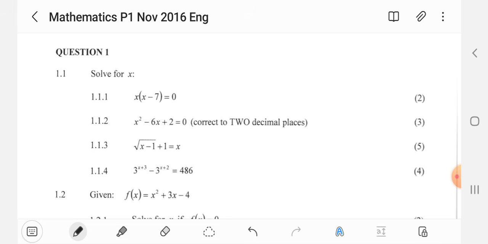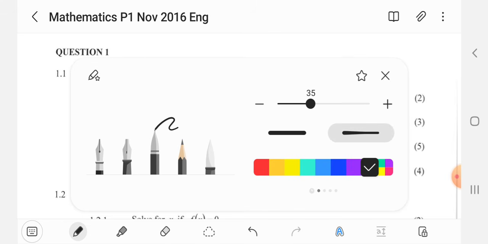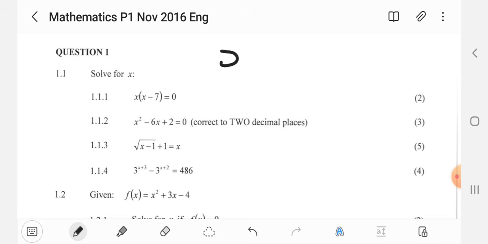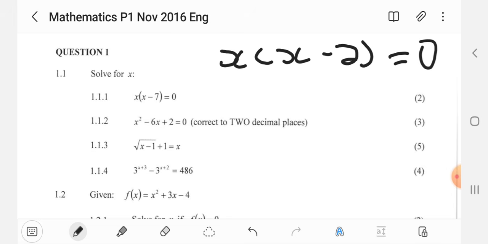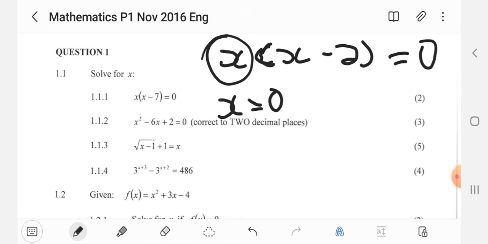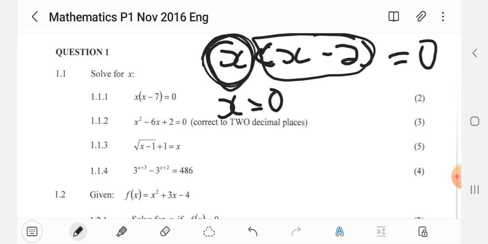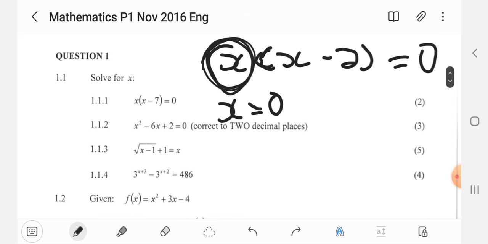All right, so guys, when we have anything like x into x minus 2 equals to 0, this x is equals to 0 always. This is a bracket, so this x here will always be equals to 0. And then with this one in the bracket, because you need 2 x values, you will say x minus 2 equals to 0.